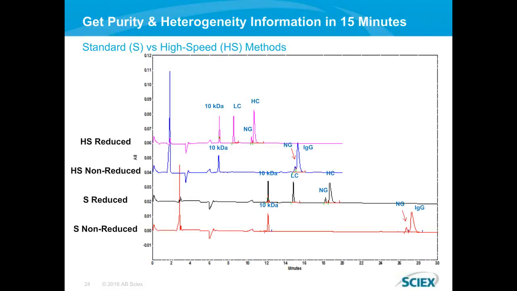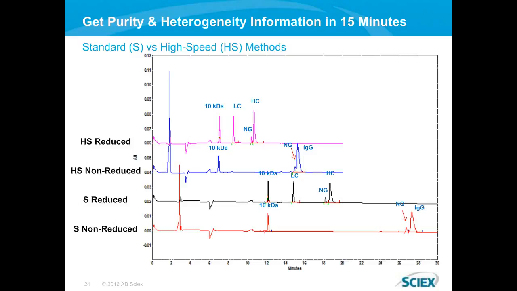One more set of data to pit the high-speed method versus the standard method. The graph here is showing standard, which is denoted with an S on the left-hand side, and the high-speed method, which is denoted by HS on the left-hand side. We're looking at both reduced and non-reduced analysis for CE-SDS. And you can see, again, the time change is significant.